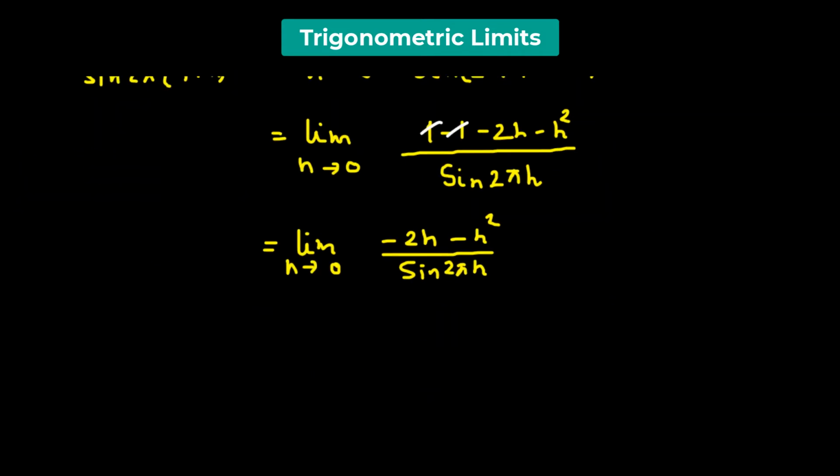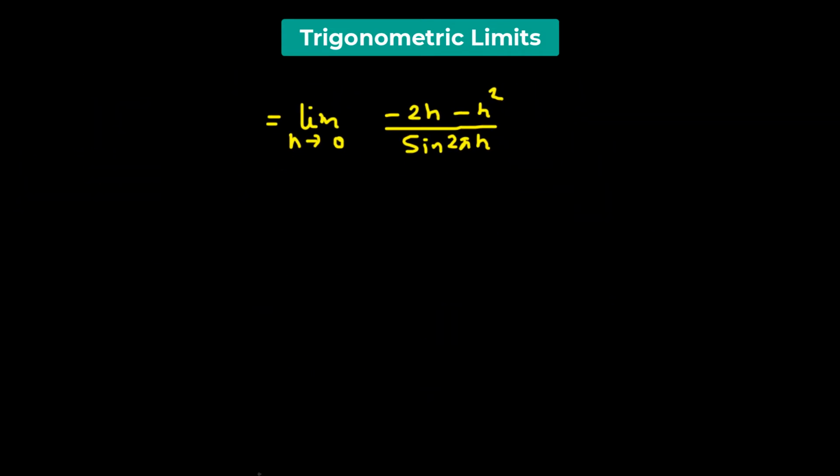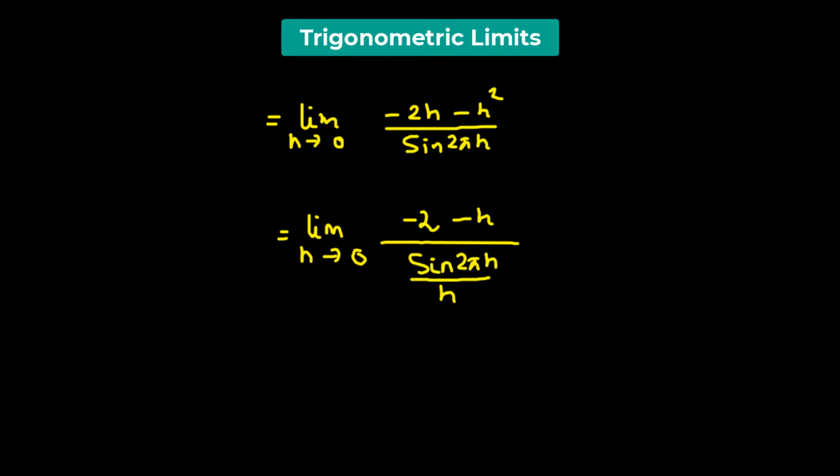Now what we are going to do is divide both numerator and the denominator by h. So we get limit h approaching 0. So negative 2h divided by h is going to be negative 2, and negative h squared divided by h is going to give us negative h, divided by sine 2 pi h divided by h.